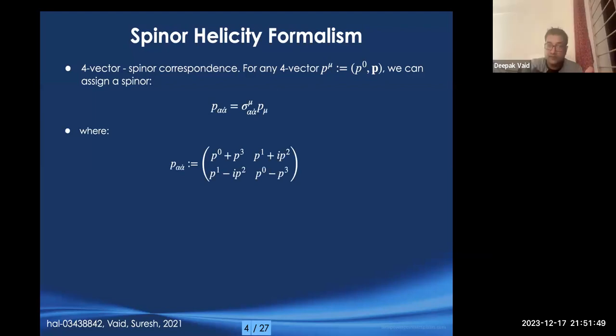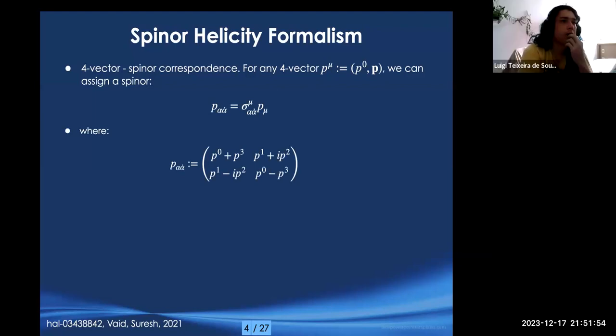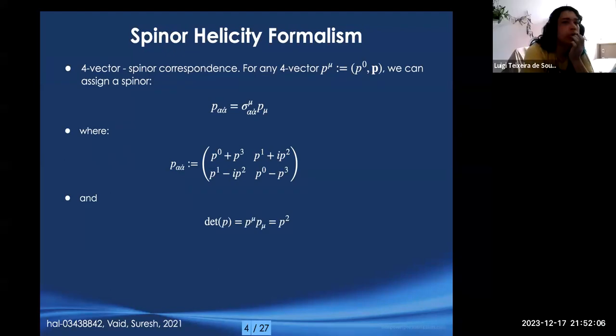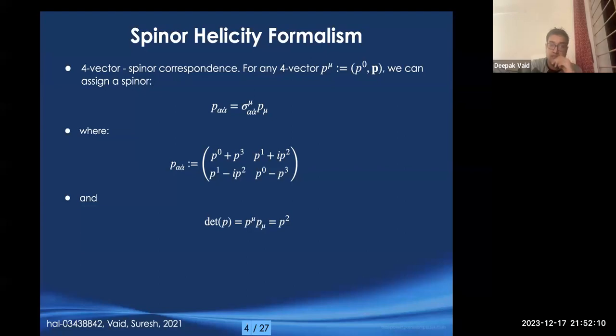If you take the determinant of this matrix, it's the norm, p squared. So this is called the spinorial representation of momenta.